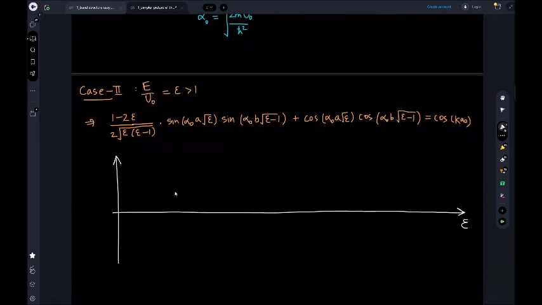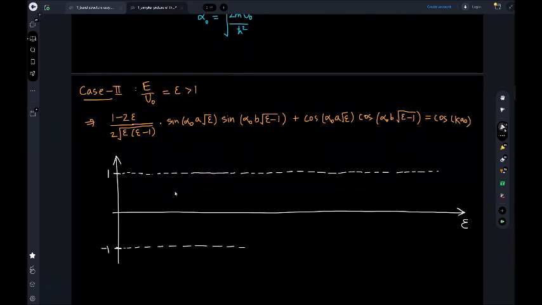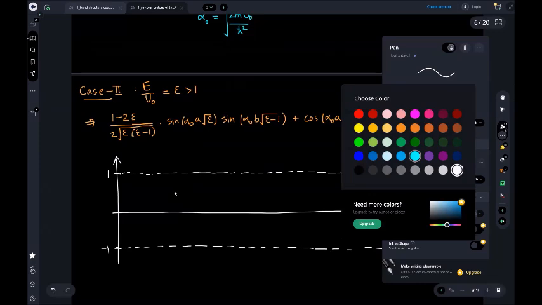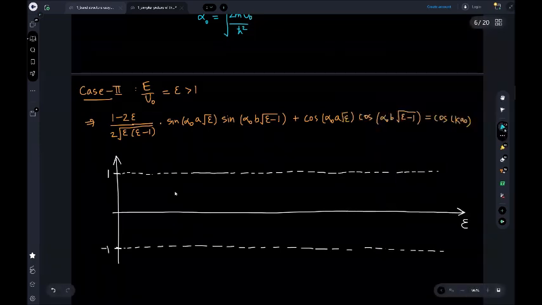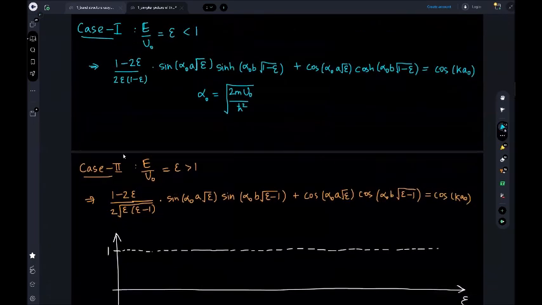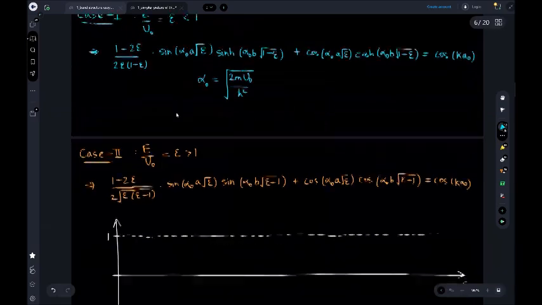If you observe, cosine of k times a naught can take values only between 1 and -1. Now this fact is quite important. So I'm just going to mark 1 and -1 here. First I'm going to plot the above equation in blue.